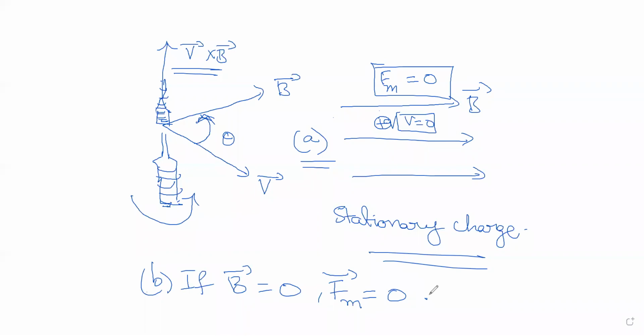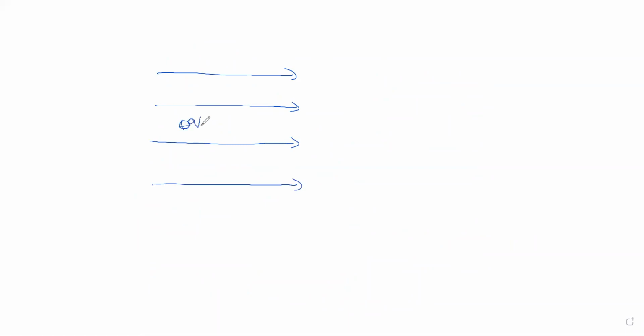Good. Now, suppose this is the direction of the magnetic field. And now you have the charge plus Q and it's moving like this. What is the angle between B bar and V bar now?